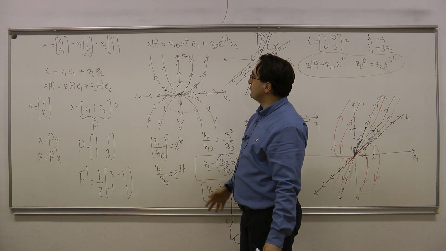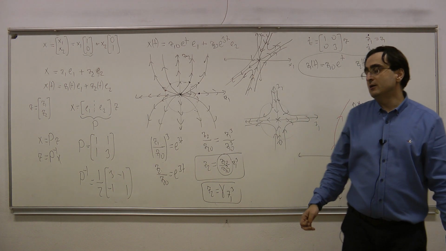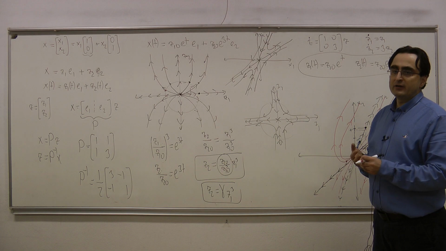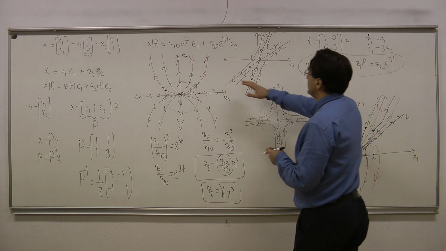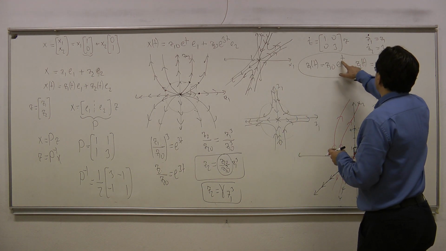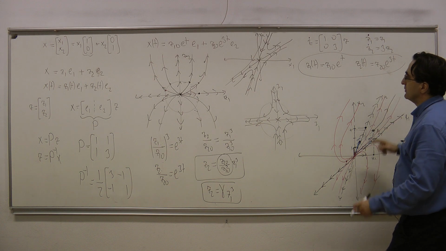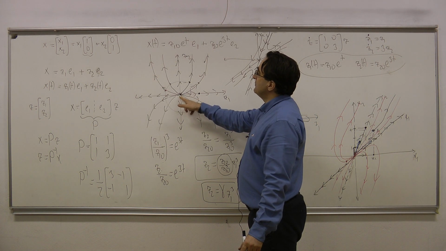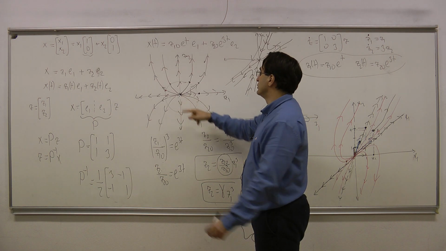And the property of a node type of equilibrium point would be that the eigenvalues are going to be real and they are going to have the same sign. So here in this example, eigenvalues were real and they had the same sign. They were both positive. In that case, we would name this equilibrium point to be a node type of equilibrium point.